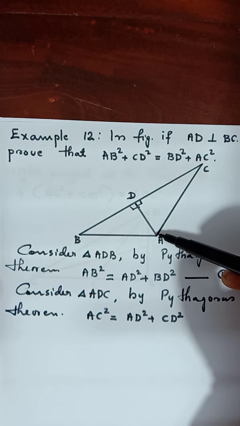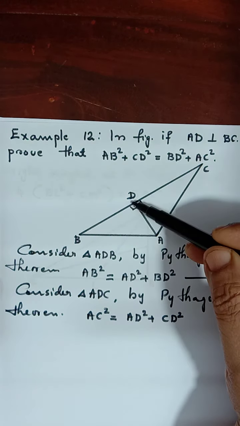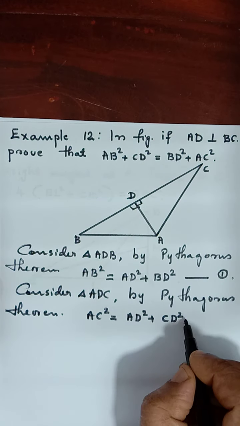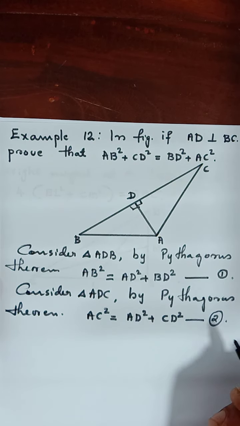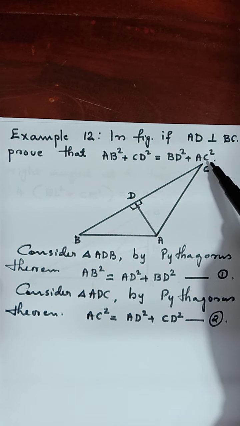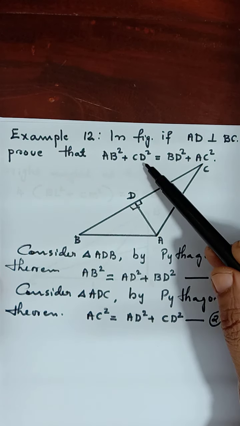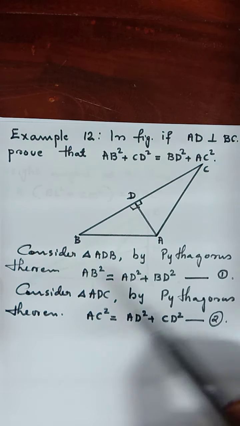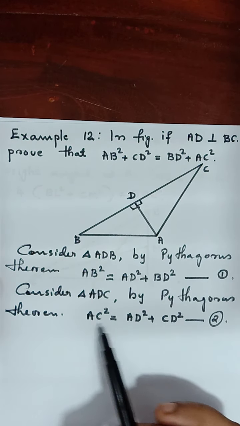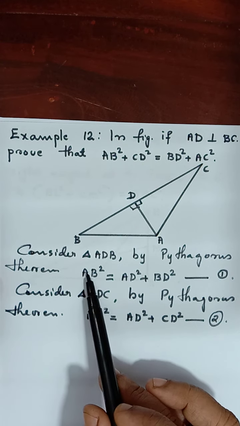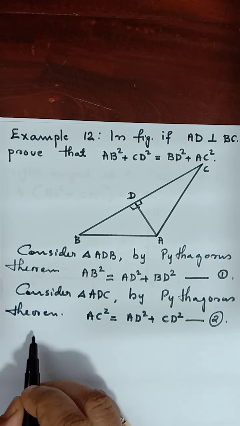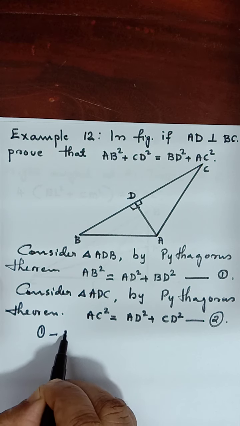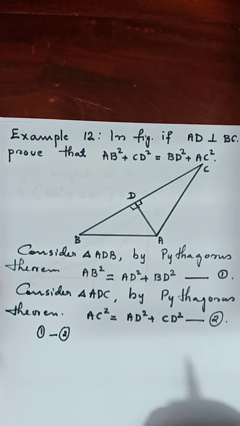You can see that AC square equal to AD square plus CD square. That is our equation number 2. So AC square is at the right side. When we pass this AC square to the left, what will happen? It is AB square minus AC square. Here we have AB square and AC square. So in order to get AB square minus AC square, you have to do the subtraction, equation number 1 minus 2.